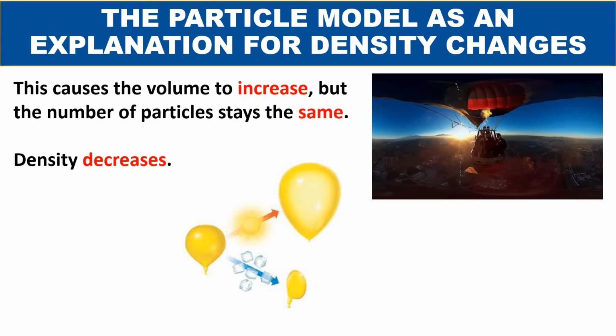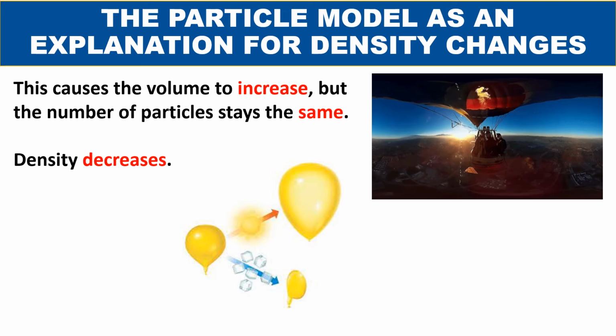So the one technology that deals with this hot temperature and density control is the hot air balloon that you see on the right side. When it comes to the density and temperature relationship, I'm going to put a little bit of conclusion in here.